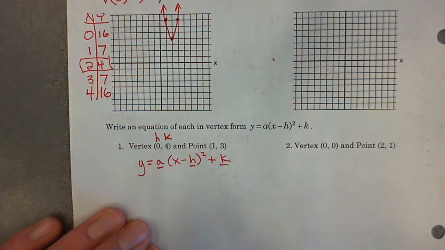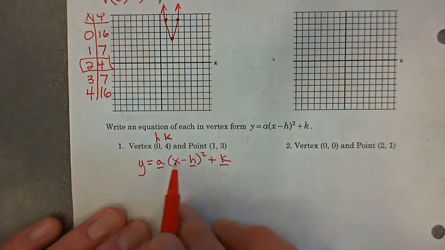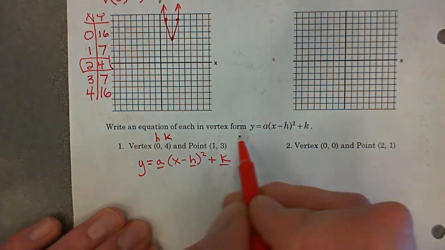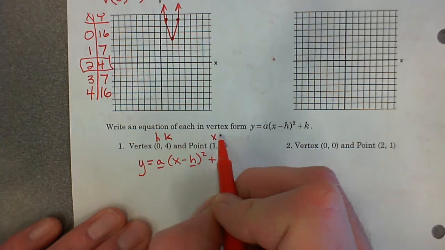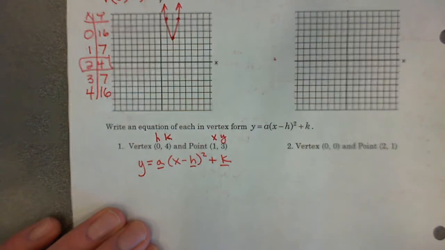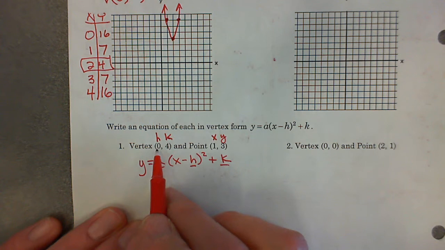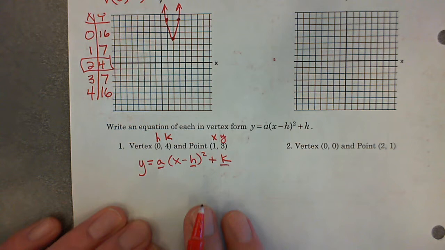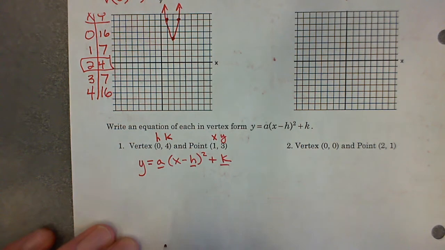Well, I'd like to be able to find it. I have two other variables here, x and y. Do I have an x and y? I do, right here. This is an x, this is a y. So I can use those. If I plug in these four values for y, x, h, and k, the only variable I'm left with is a, and I'll be able to find out what my width is.